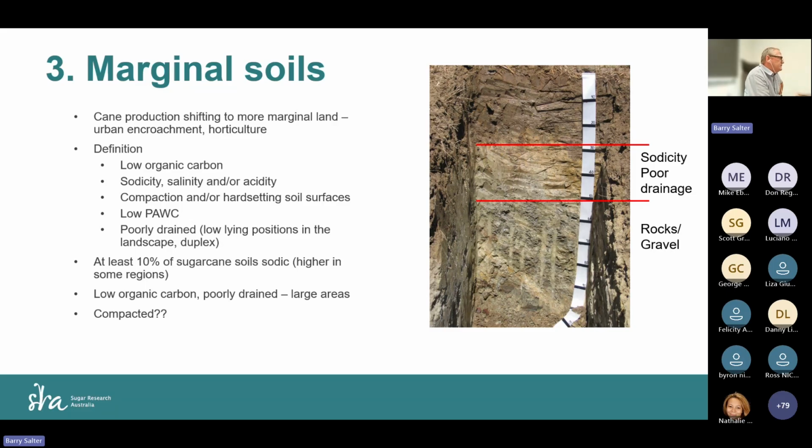So it would certainly be considered a marginal soil. And to be honest, where we took this particular picture is no longer growing cane. It's used as a cattle block. So you can see the potential issue with marginal soils if we can't do something about them. There's the possibility that they're actually taken out of production.